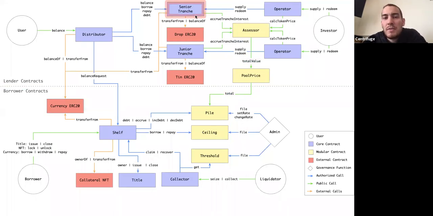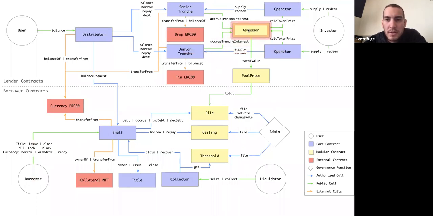It gives a market value, which we call the net asset value, of the drop token and also the tin token, of how much is expected to be returned to investors when all of these loans have been repaid.